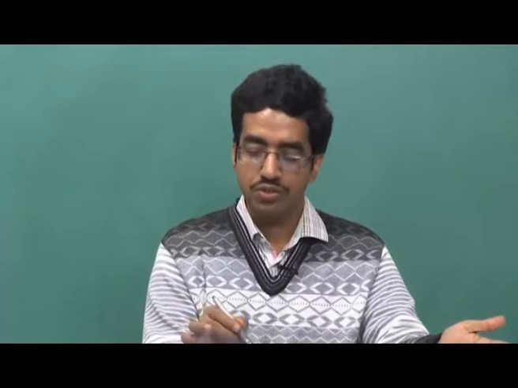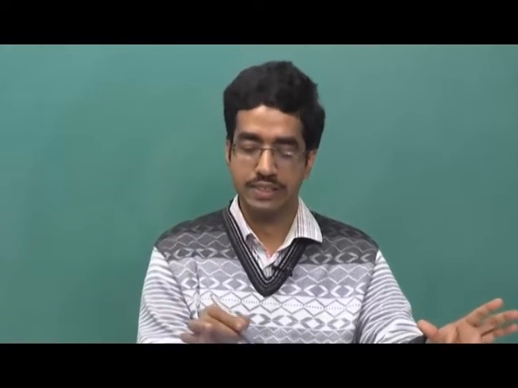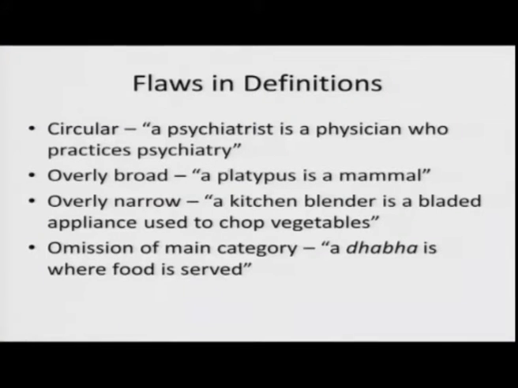Here you have left out key features of a platypus, like it is an egg laying mammal. You have left out a distinguishing feature of this animal. Therefore, this definition is too broad and does not serve our purpose.